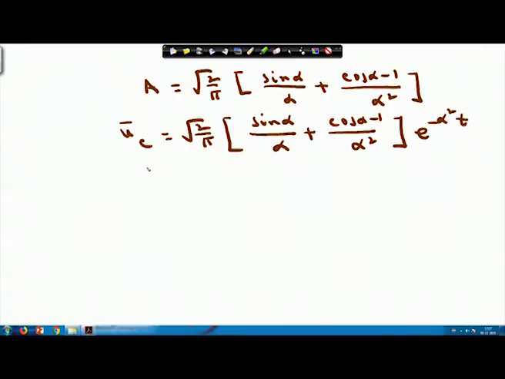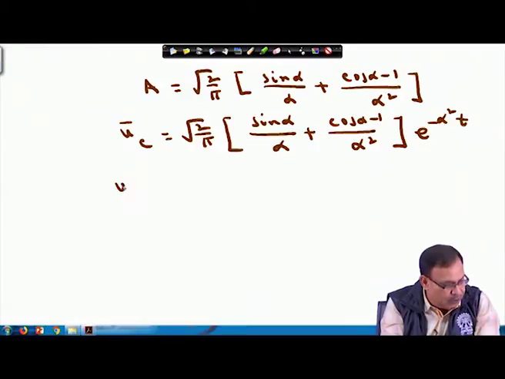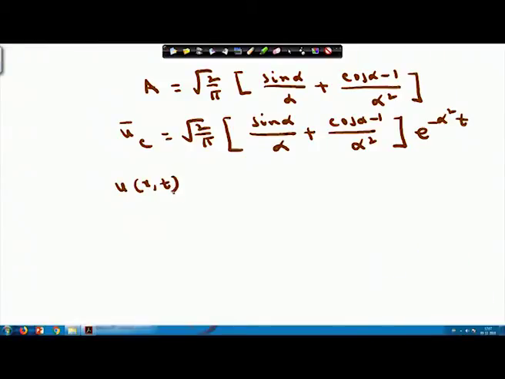And once I obtained u bar c, I can always write down u x t using the inversion formula: root over 2 by pi, 0 to infinity, u bar c into cos of alpha x into d alpha.